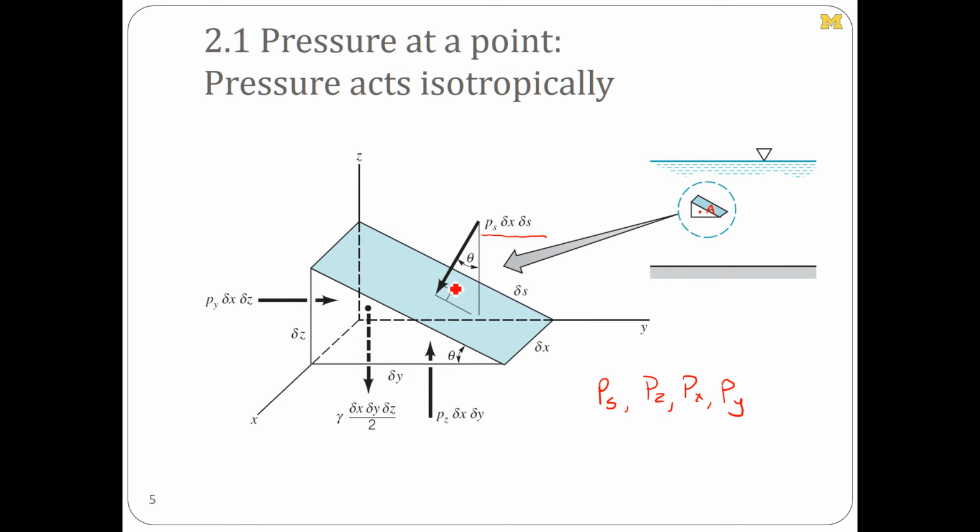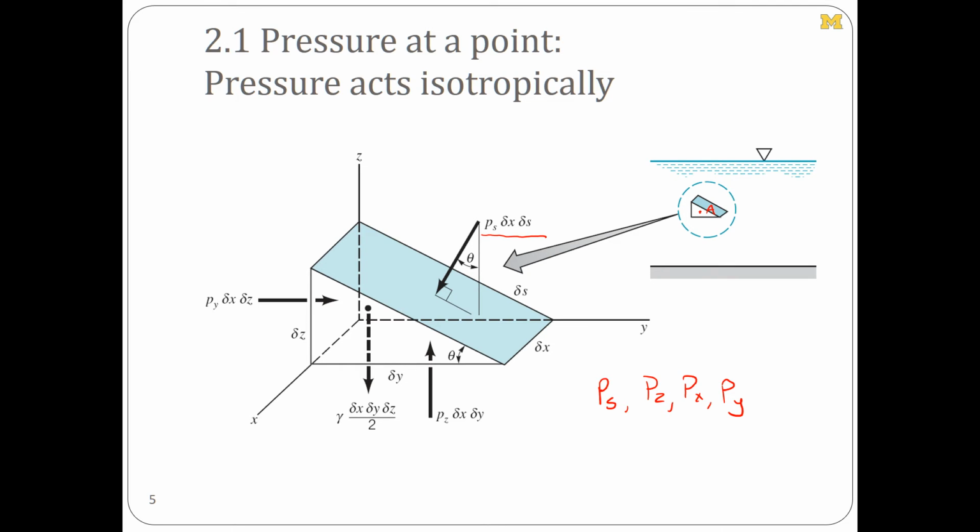So this is the pressure at this face acting over the area of this face. Then on the bottom face here, you have PZ, that is the pressure along the constant z, times delta x, delta y, that is the area of this lower face. And then the pressure acting on this back face, PY, delta x, delta z.